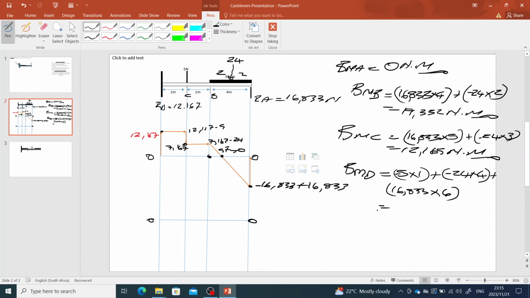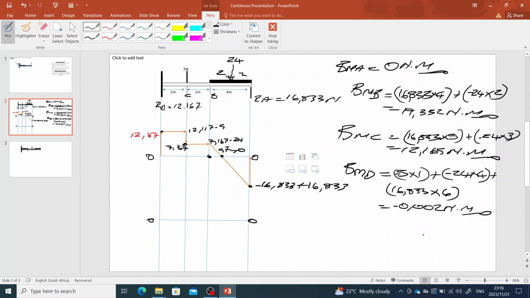That is negative 24 multiplied by 4 plus 16,833 multiplied by 6. I get my answer, bending moment at D, as negative 0,002 Newton meter. That's what I get there.